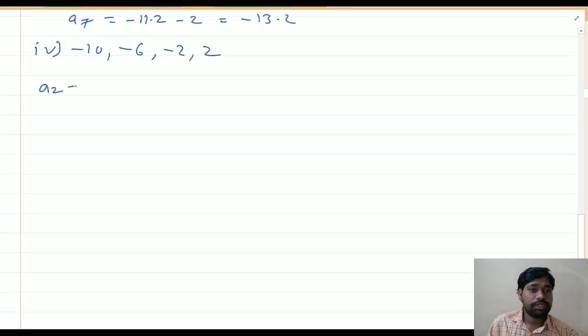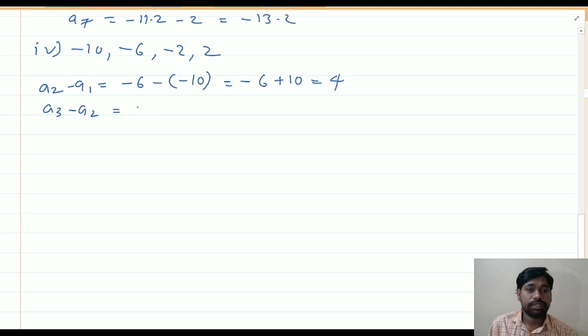So A2 minus A1 is equal to minus 6 minus of minus 10, which is minus 6 plus 10, equal to 4. A3 minus A2, sorry, it is minus 2 plus 6, equal to 4. A4 minus A3, it is 2 plus 2, which becomes 4.